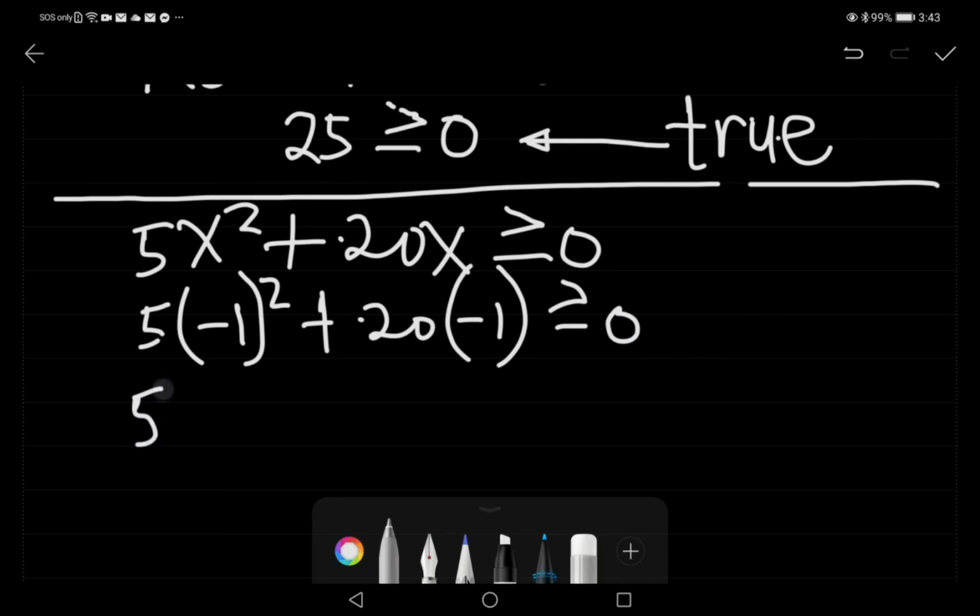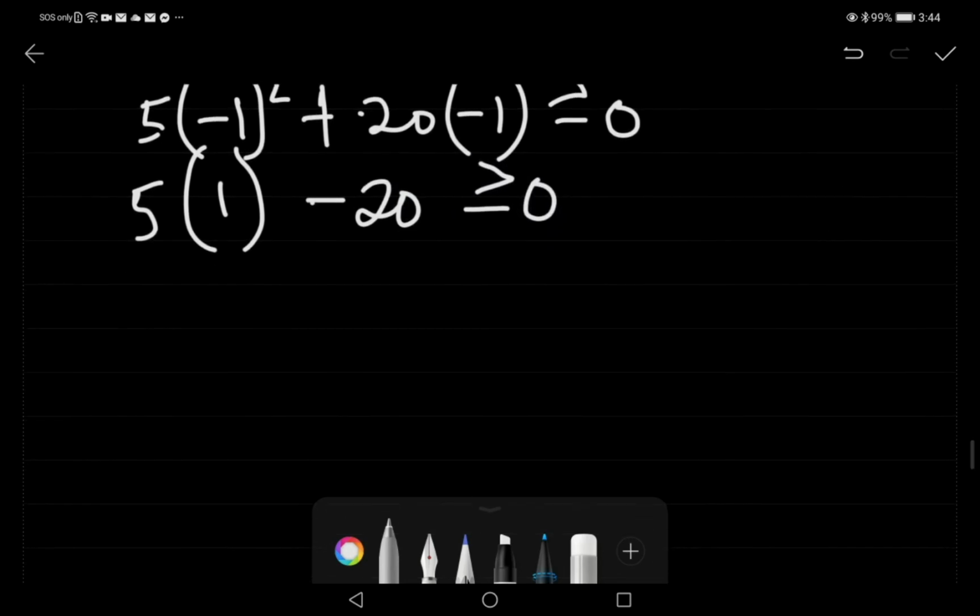So 5 times negative 1 squared is positive 1. So positive 20 times negative 1 is negative 20. And this is greater than or equal to 0. 5 times 1 is 5 minus 20 is greater than or equal to 0. 5 minus 20 is negative 15.